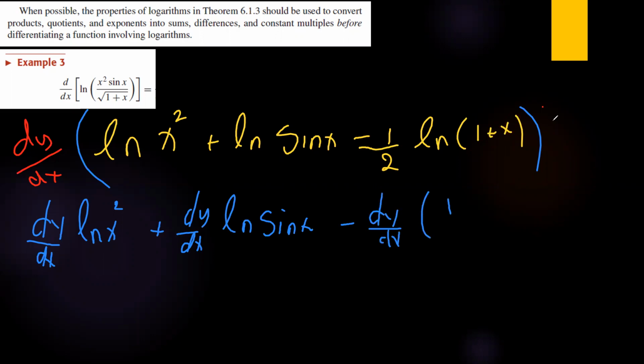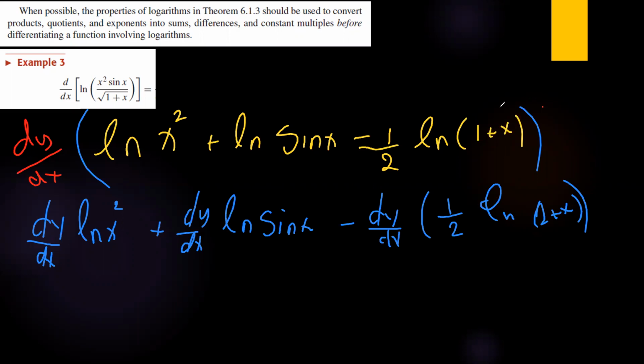I mean, you have to find the derivative for each term. Let's start now with ln of x squared.